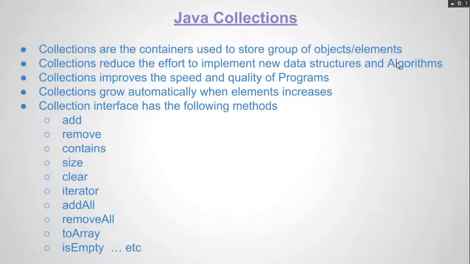Iterator is used for iterating over a collection. In a collection you are storing many elements, so to iterate over the collection you can use the iterator. The toArray method can be used for getting an array from the collection.